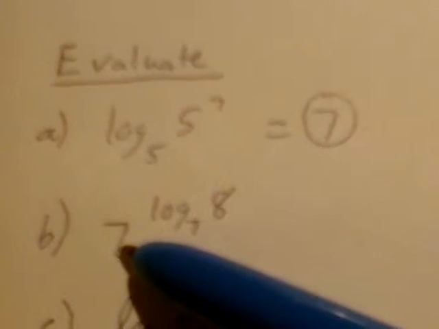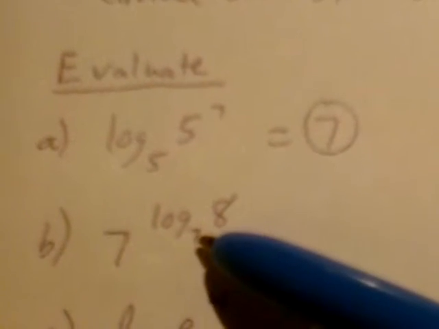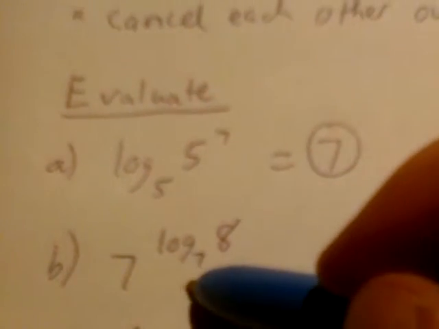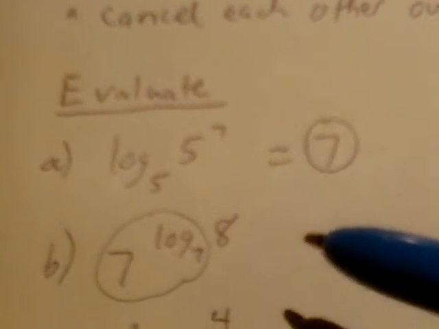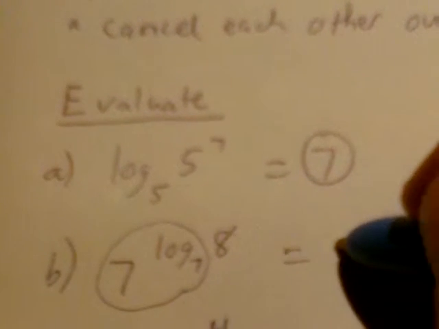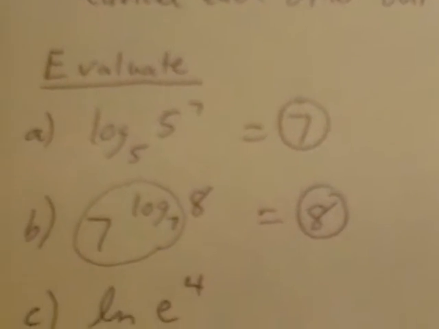We see 7 to the log base 7, and again, these two things are canceling each other out because they're inverses of each other, just like x squared and square root. When we take the square root of x squared, we just get x. So 7 to the log base 7 of 8 is, you guessed it, just 8. Again, it couldn't get any simpler than that.